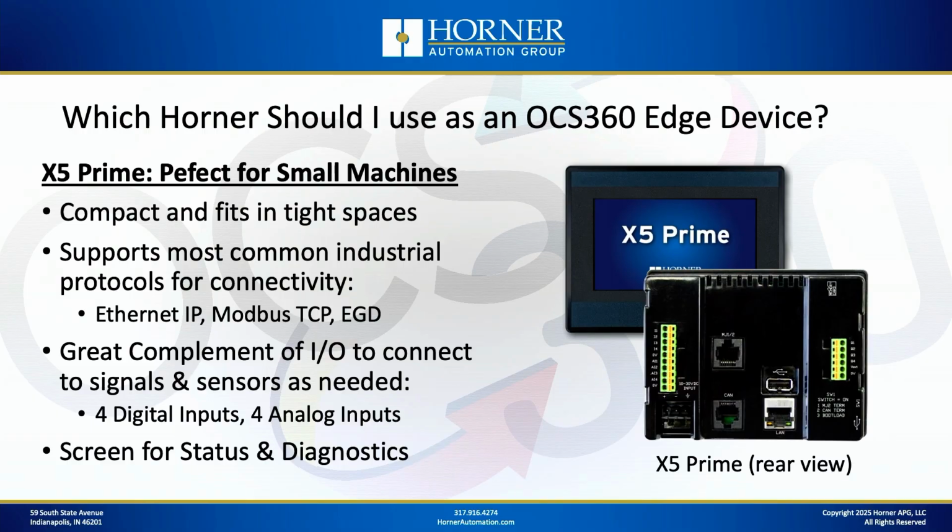Now, the X5 Prime is perfect for small machines because it is small itself. So if you're looking to fit a small edge device into an existing machine, maybe an existing control panel, or you're looking to add maybe a really small control panel to the system for the purposes of digitizing the machine, the X5 Prime is tiny, but it carries a punch.